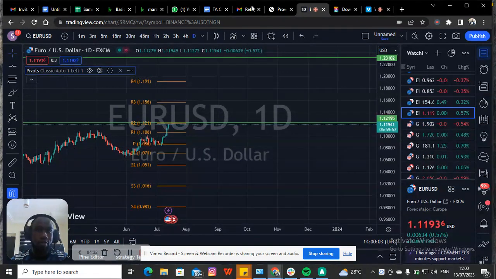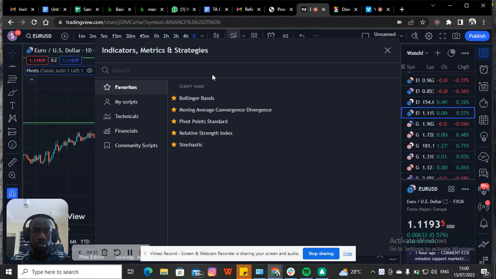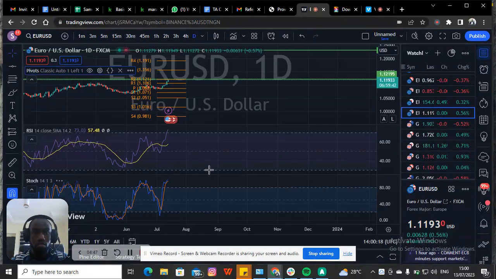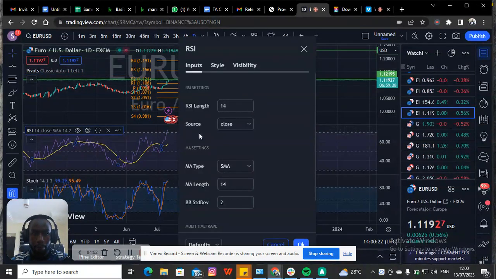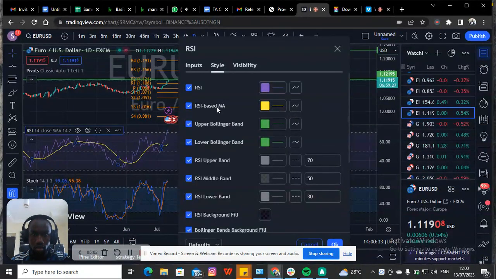Maybe you're more familiar with other indicators like the relative strength index and your stochastics. I like to work with these two. I just set those up too, and they are good to go. Let me refine this to my taste. Take this away.